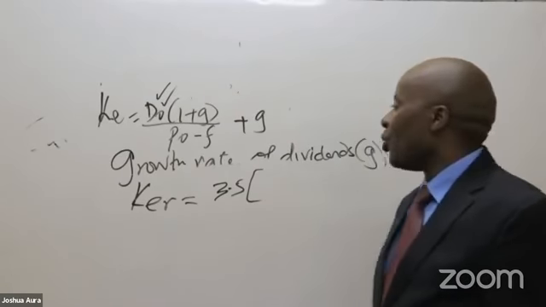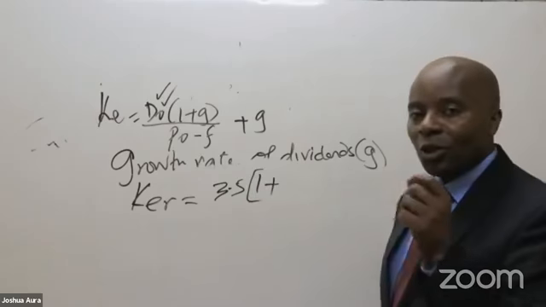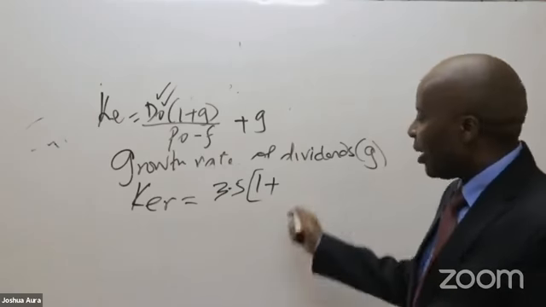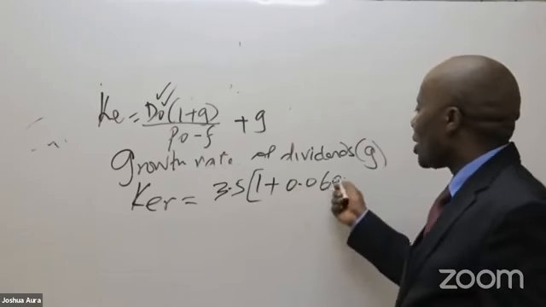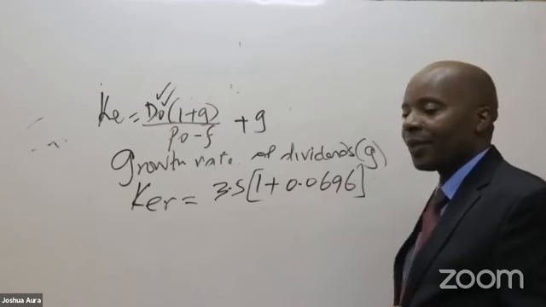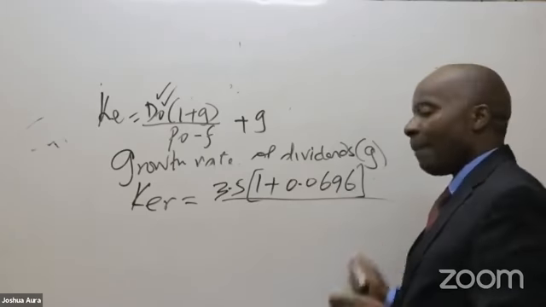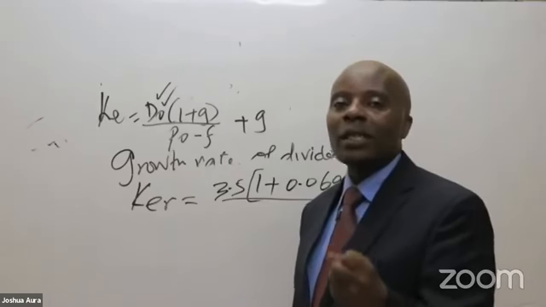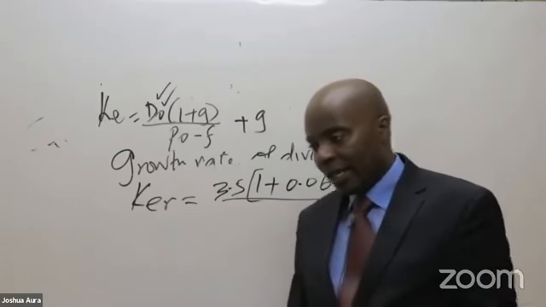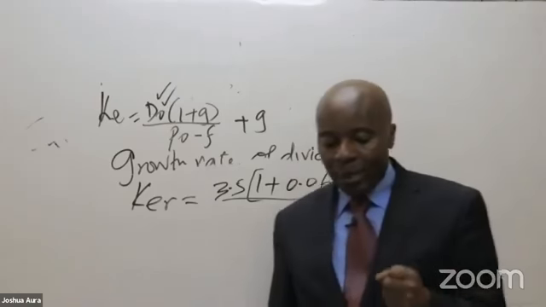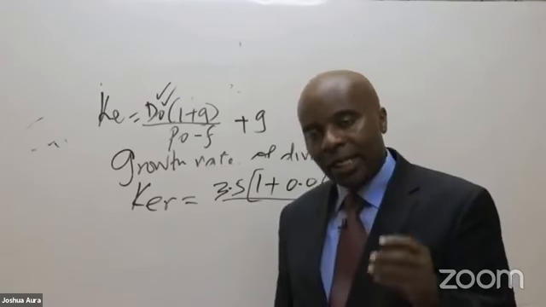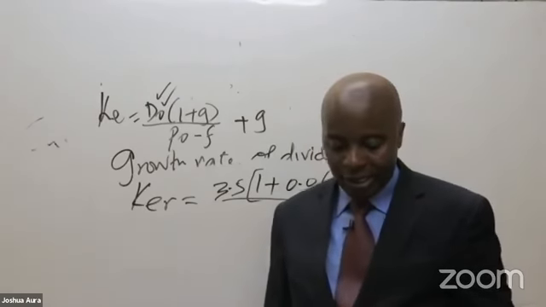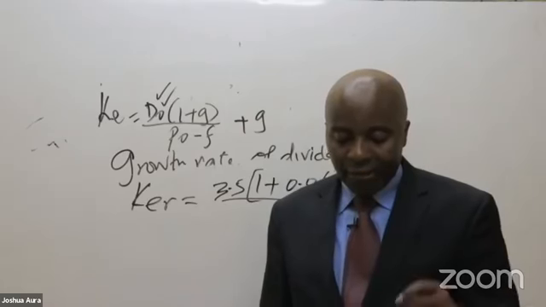3.5 into 1 plus the growth rate that you gave me, which is 0.0696, all over P0. Remember, P0 stands for the current market price per share.